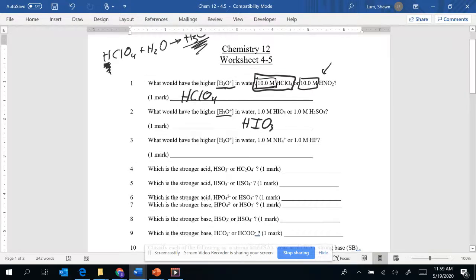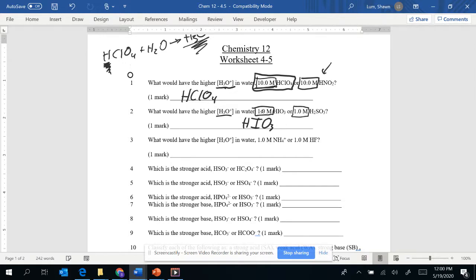Now, please remember for this idea, and we'll learn about something else later, this only is true when you have equal concentrations. If I said 1 molar of this and 3 molar of H2SO3, you would have to calculate it out, but we'll learn more about that in the future.